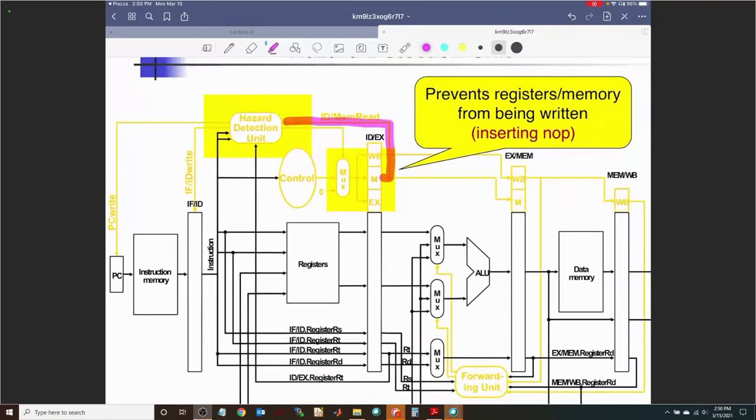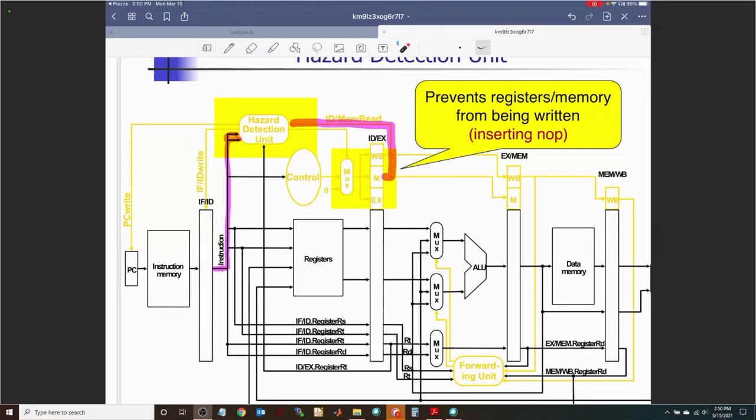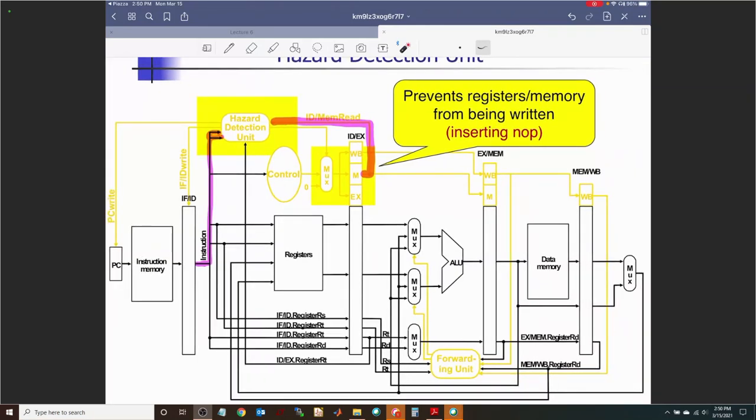Those 2 values are coming from the instruction. And we are essentially trying to see whether or not the destination of the load is the same as the source in the next instruction. So if this is 1 and these 2 are matching, then we are going to, well, those 2 are, there is 1 there, but we also have 1 from here.